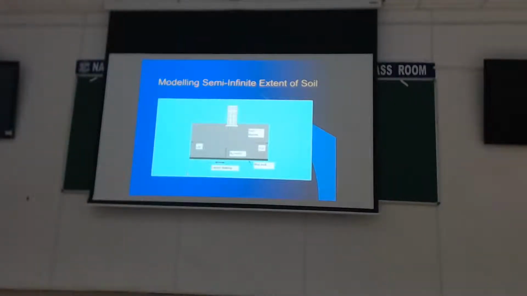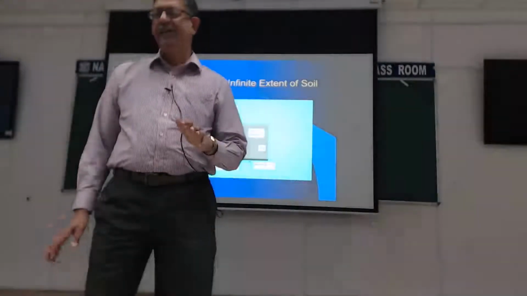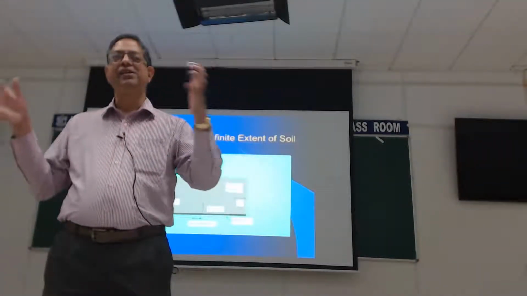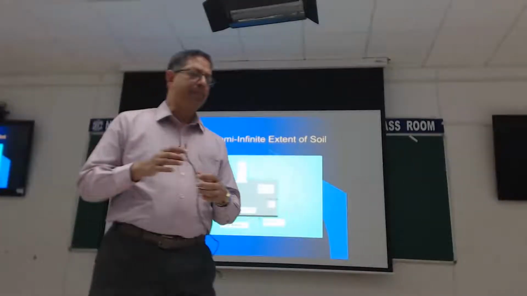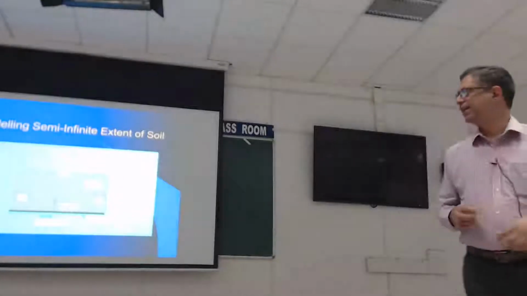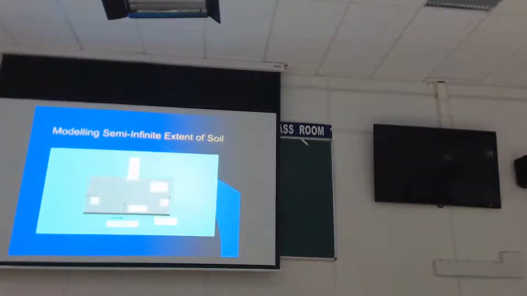The next point I wanted to focus on is the issue of modeling something that is very big in a small scale. The biggest issue we should consider, especially in earthquake engineering, is the lateral extent of soil. We all call it semi-infinite half space, right?